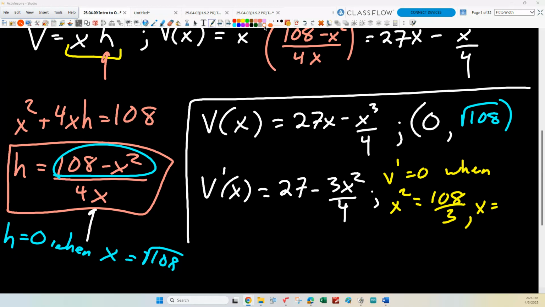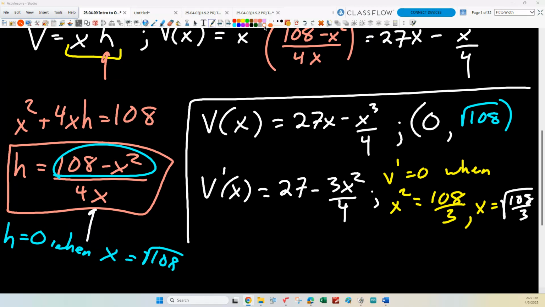Okay, so now, it's a square root, you just square root it. We just need a decimal approximation, because we just want a number that we could measure. 108 divided by 3 is 36, right? So the square root of 36 is 6, what do you know?